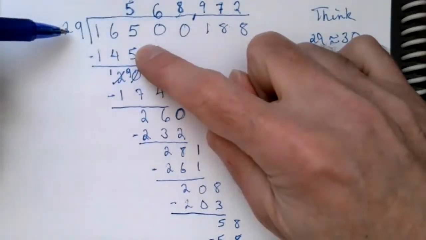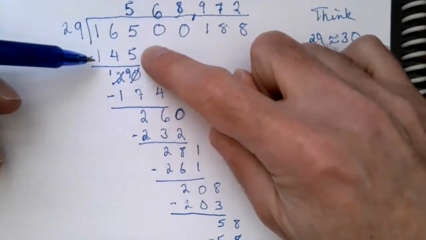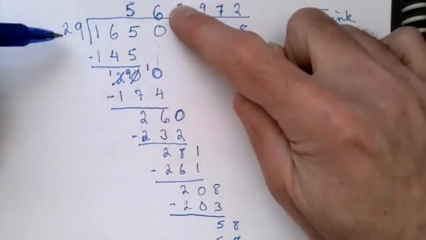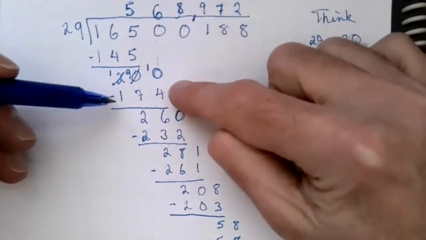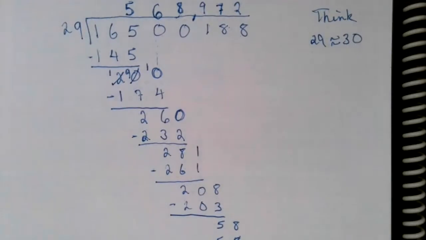If we only want 29, we should do 5 less than 150. That's how we got to 145. 30 copies of 6, that's 180. We only wanted 29, so we should start at 180 and back off 6. Same thing with all those.